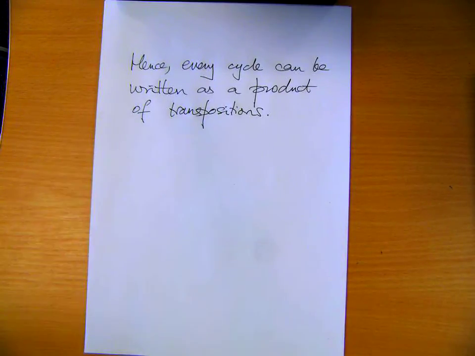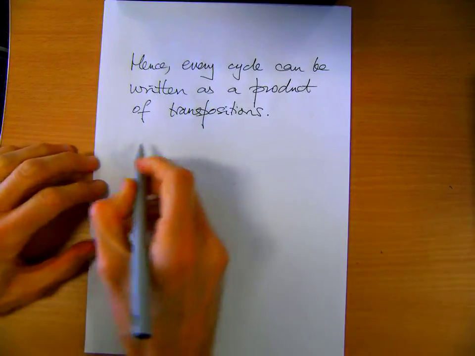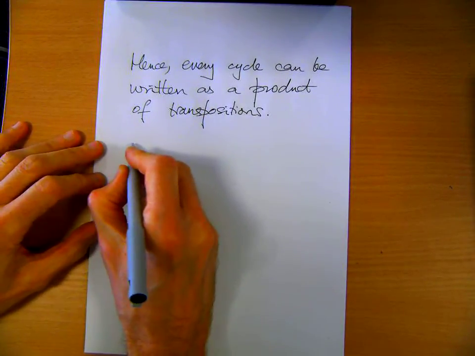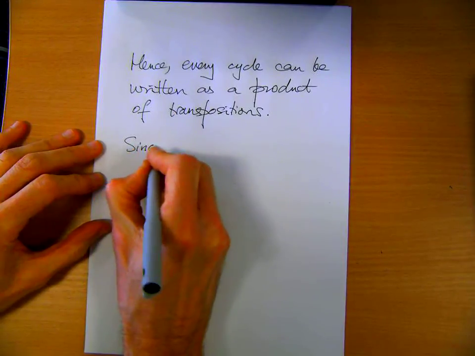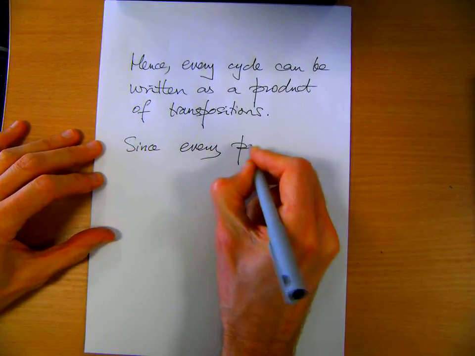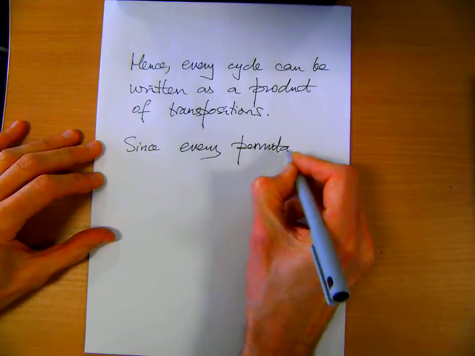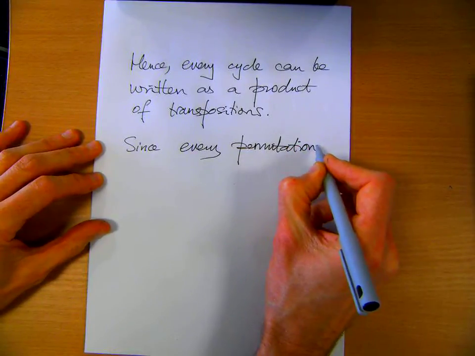That was in just what we did just before the break. So given that every permutation can be written as a product of cycles, and that every cycle can be written as a product of transpositions, putting those two things together gives us that every permutation can be written as a product of transpositions.